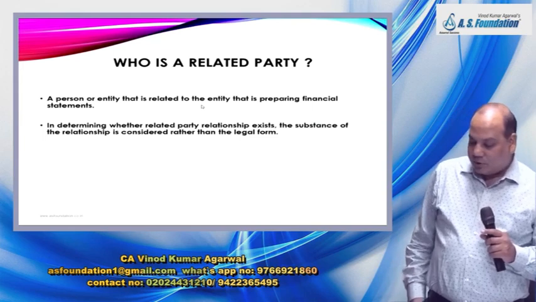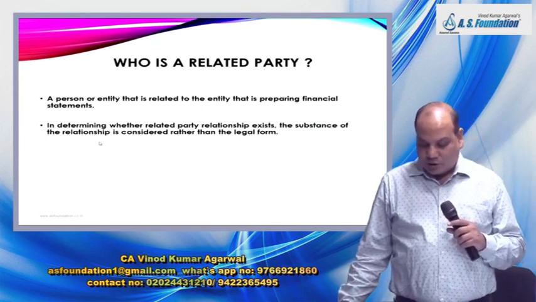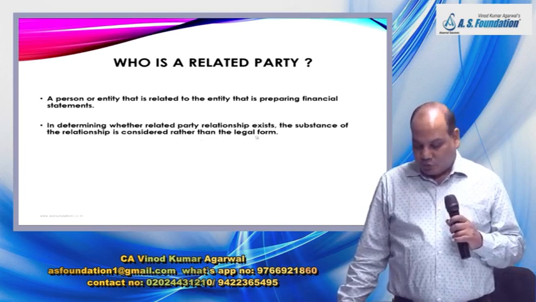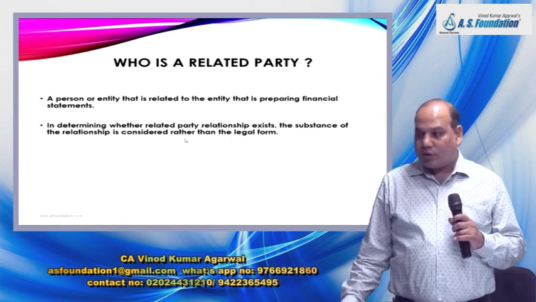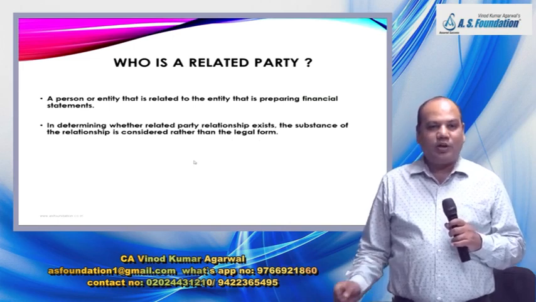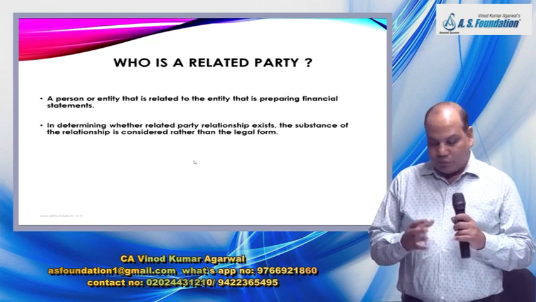In determining whether a related party relationship exists, the substance of the relationship is considered rather than the legal form. So one has to focus on substance rather than legal form. In legal form, there may not be a related party, but sometimes the substance may indicate there is a related party.